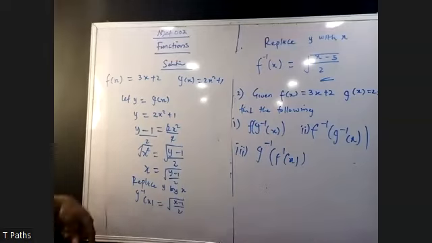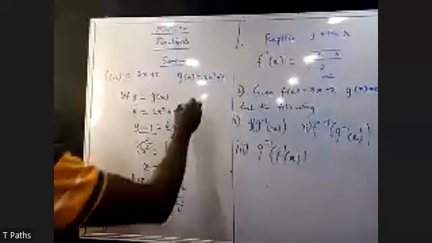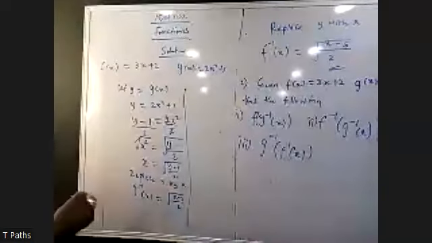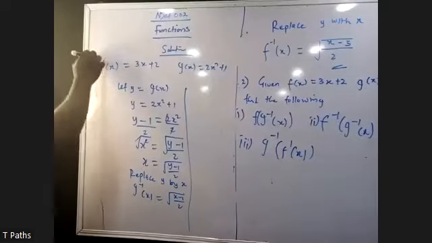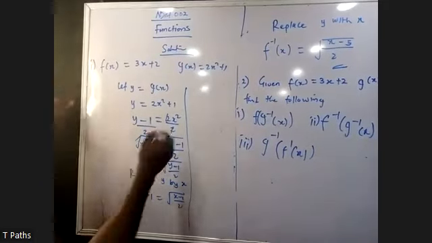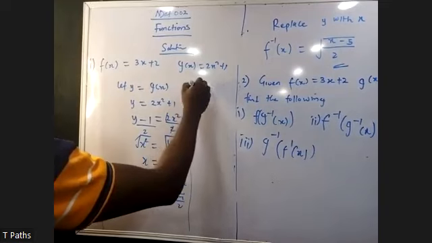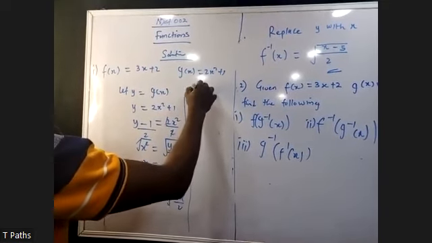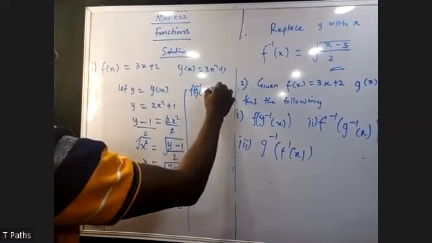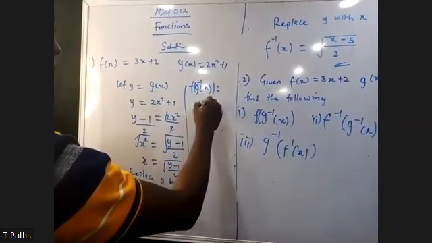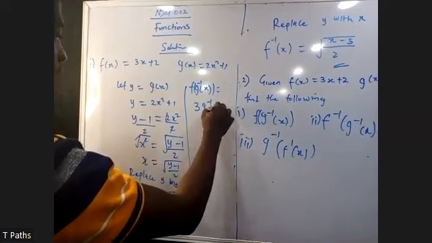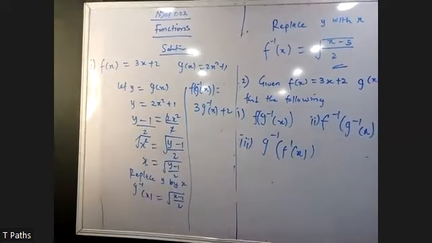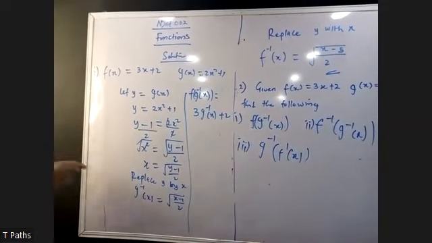So I can then represent it. Then let me write here so that I will manage the space. This is number 1. So I'm going to do f of g inverse of x will now be what? 3 times g inverse of x plus 2.